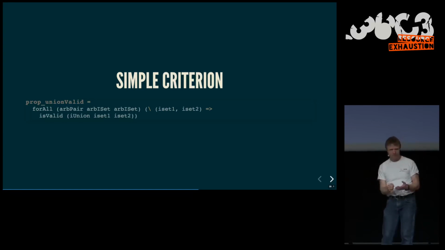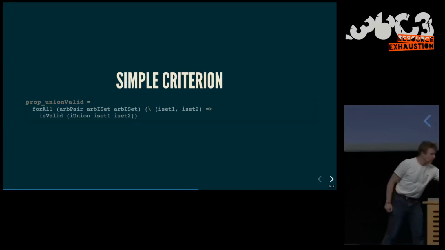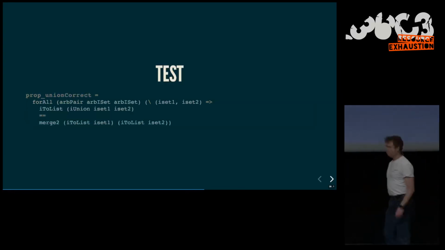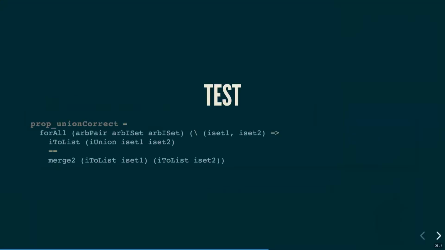Okay? Makes sense? Here's another property. I told you that there is this function I to list, which just gives us a list of elements of an interval set. We can use that representation, which is also a representation for sets, as a model. For all pairs of arbitrary interval sets, we take the union, I union of I set 1 and I set 2, and we convert that to a list.